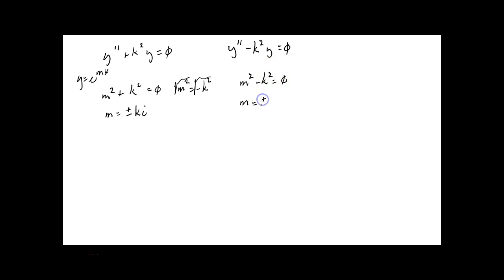Plus or minus k, because now just factor that: m plus k times m minus k. M is equal to plus or minus k, because m plus k is equal to 0, or m minus k is equal to 0. Now, what does this one give you, with the i's in there? And notice there is no alpha.